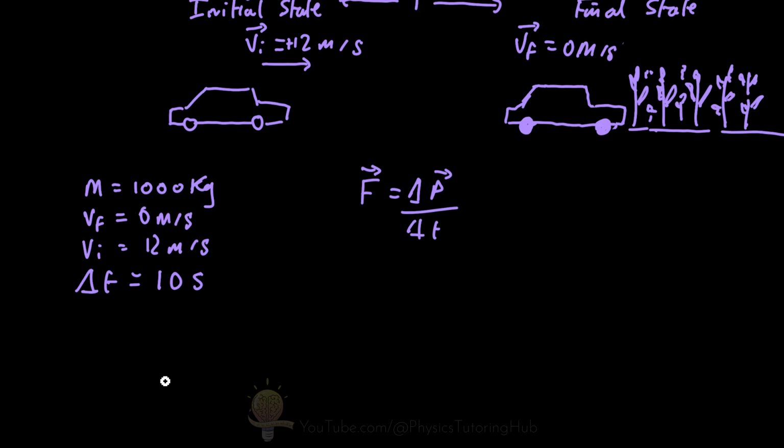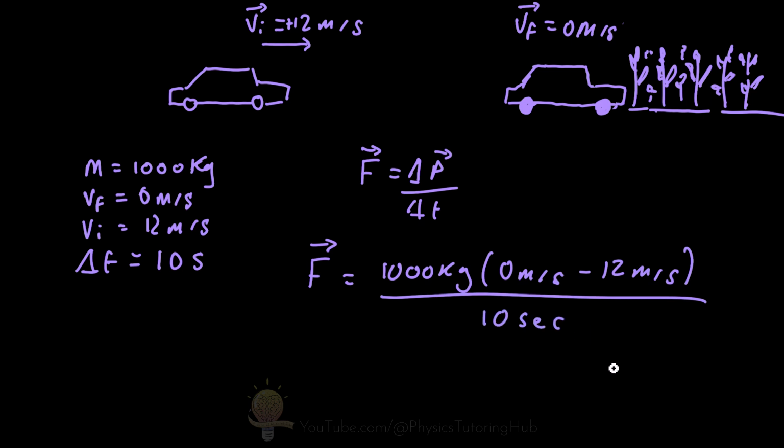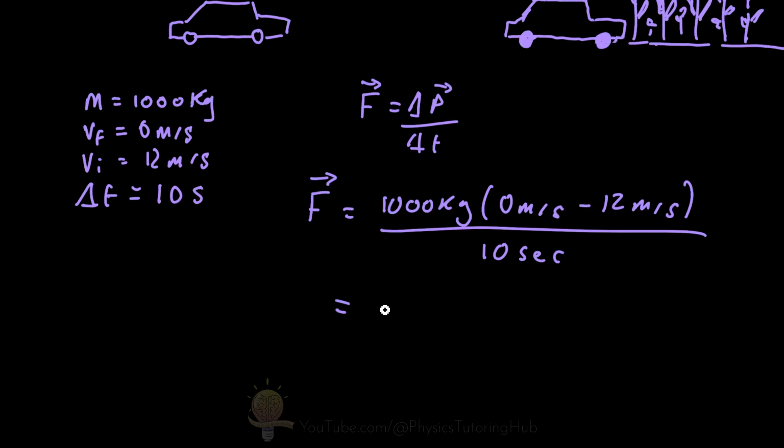So if we plug in some numbers again to find out what this force is, we've got 1,000 kilograms for the car, multiplied by its final velocity, 0 meters per second, minus its initial velocity at 12 meters per second, divided by the change in time, 10 seconds, we have negative 12,000 kilograms meters per second.